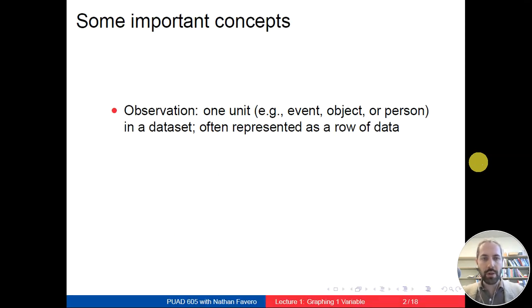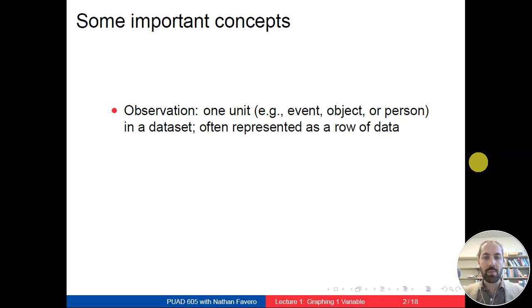So, the first term we want to think about is an observation. An observation is typically going to represent one row if we're looking at data in a spreadsheet. And if we're a little bit more precise, one observation is going to represent one unit in the data set. Now, exactly how we define what one unit is going to differ depending on the data set.